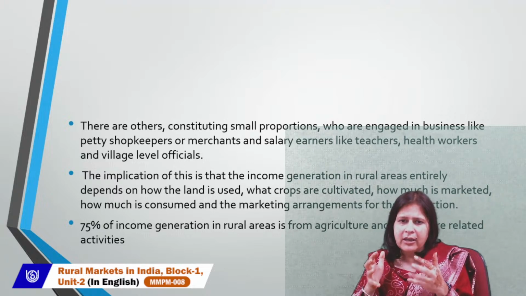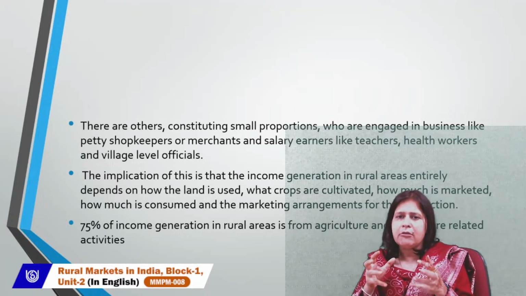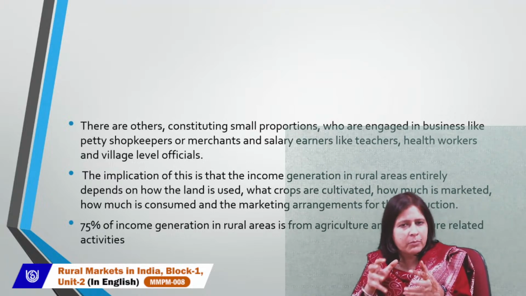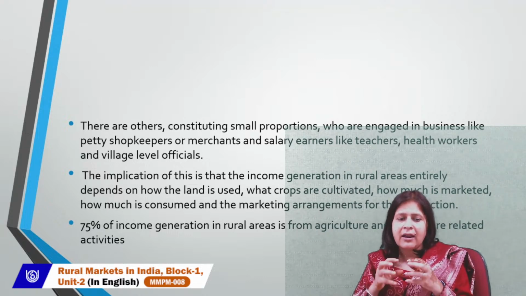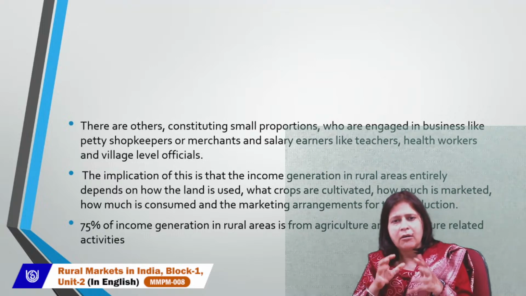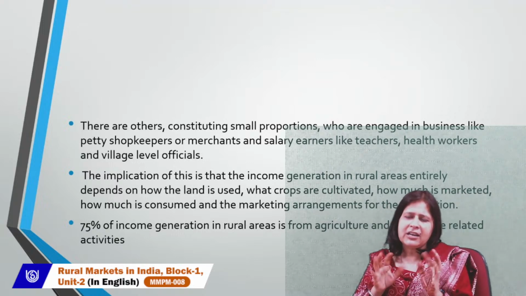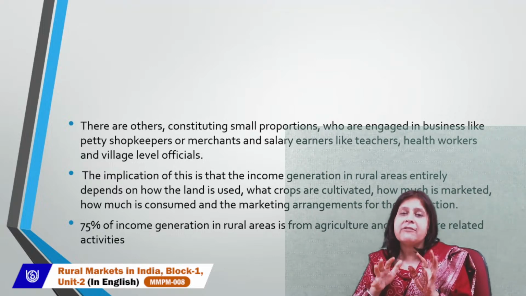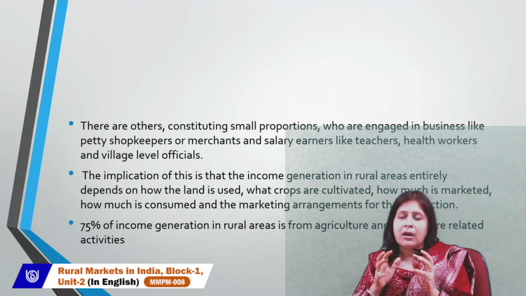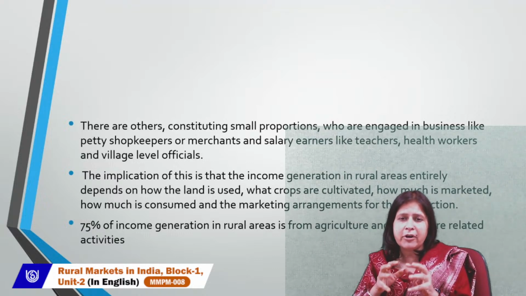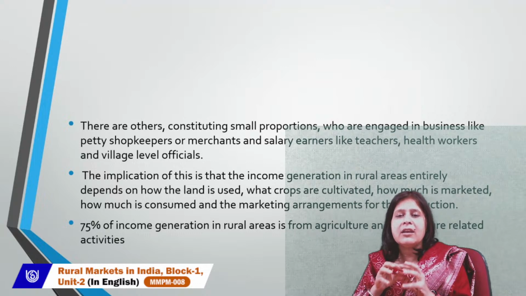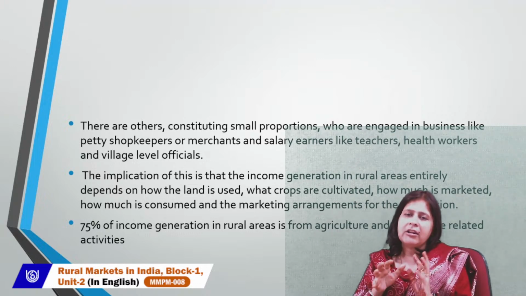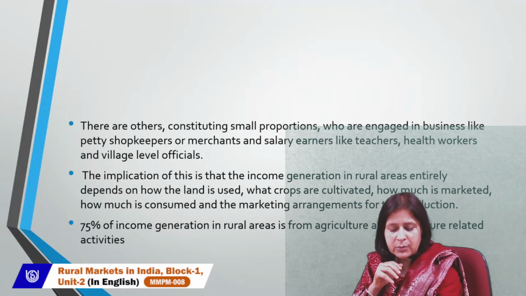So the majority of the population in rural areas depends on the land for their earnings, approximately 75%. So income generation in rural areas is from agriculture or agriculture related activities.